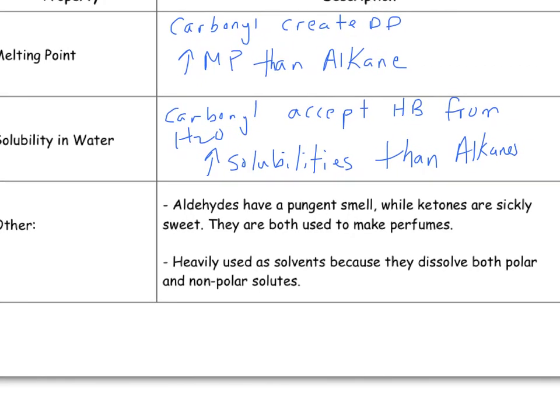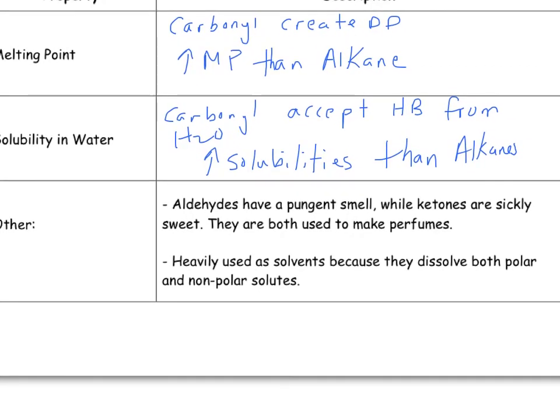Other interesting things about aldehydes and ketones. Just like amines, you can identify them by their smell. Aldehydes have a pungent smell, kind of earthy, while ketones have a sickly sweet smell, like you've had too many fuzzy peaches. They are both used to make perfumes.